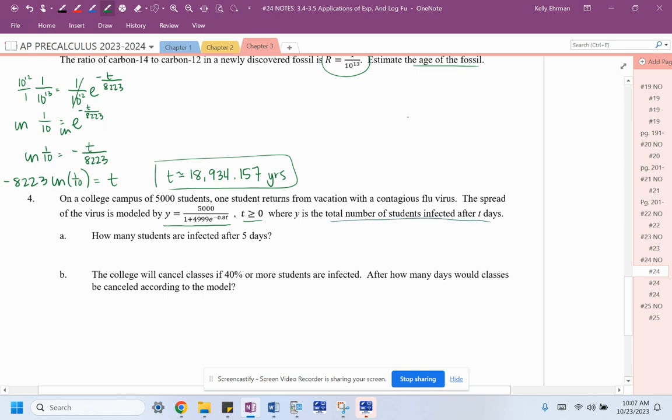So 2 parts to this. How many students are infected after 5 days? Now that's just y of 5. I could have given this to you in the beginning of our chapter. We're just plugging in 5 for t. It's e to the negative 0.8 times 5.